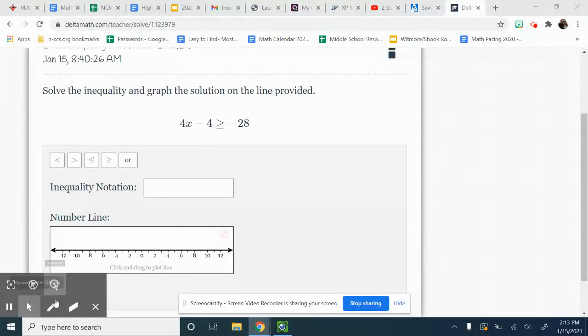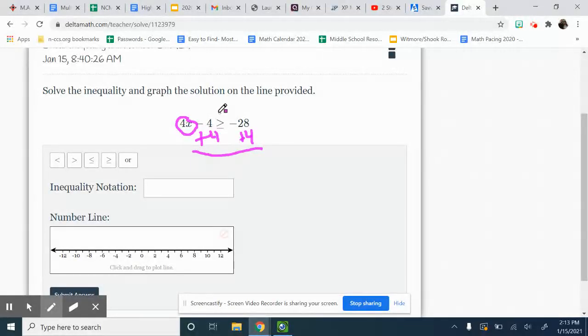So I'm going to circle my 4x. How do you undo minus 4? You're going to add 4. Sorry, this looks a little crazy for y'all. So we have 4x is greater than or equal to negative 28 plus 4, which gives me negative 24.